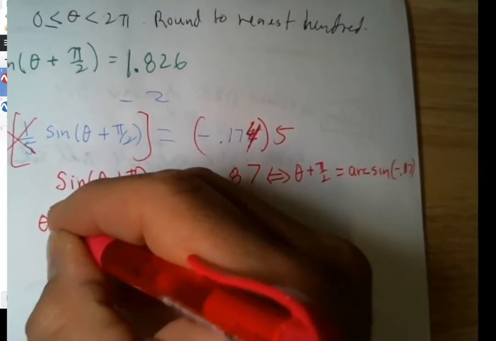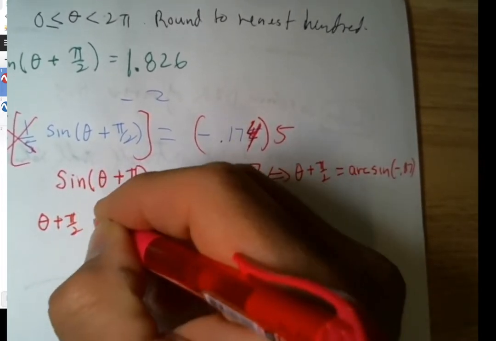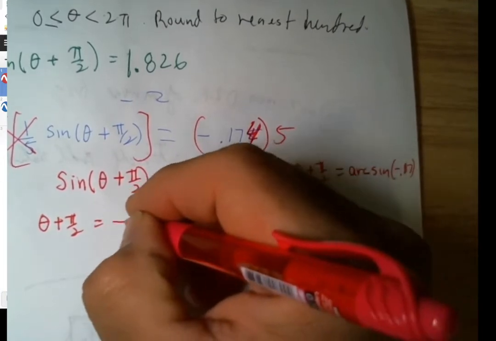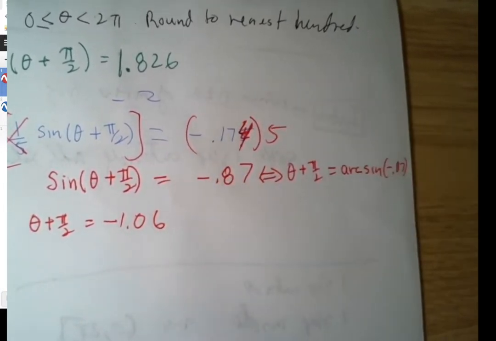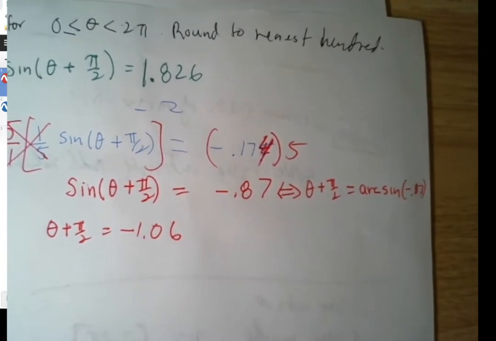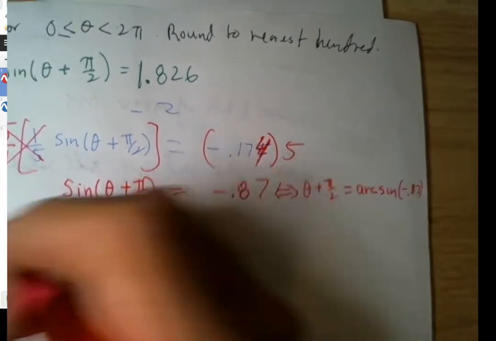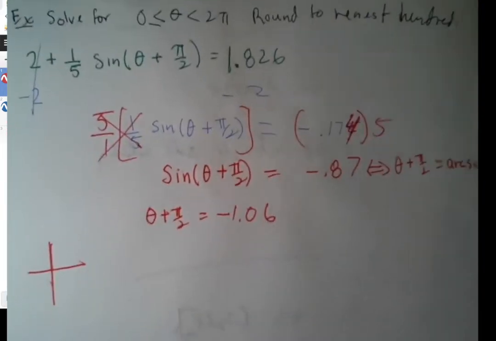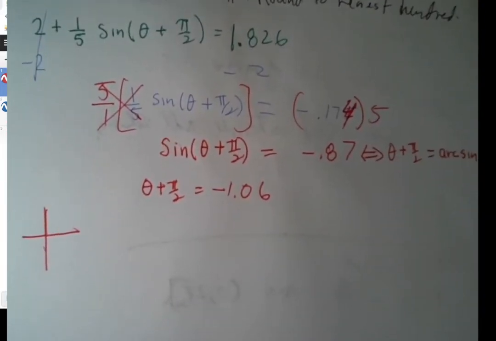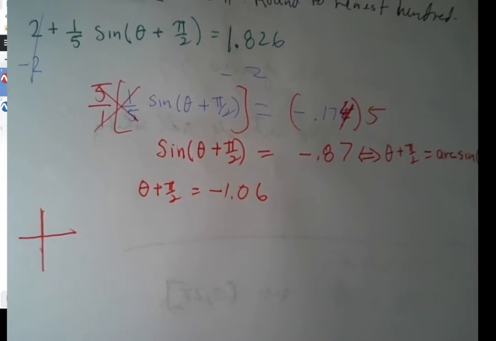So we get theta plus pi over 2 is equal to negative 1.0, and I'll just go ahead and write 6, we'll do a proper round here. Now remember, here is where we have to do our interpretation. Remember, calculator: fast, does amazing calculations, not very smart.